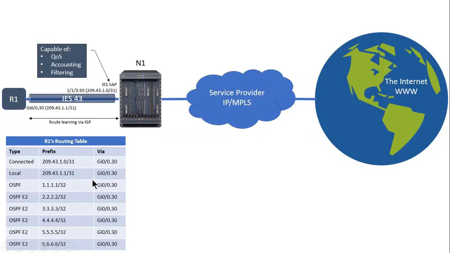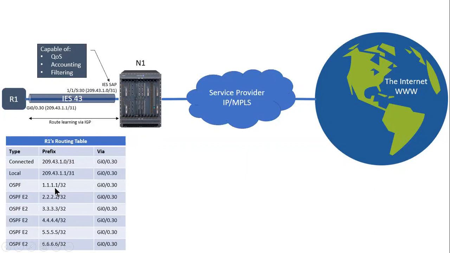So here's our local network, 209.43.1.0/31, with of course our CPE being address .1 and our service provider being address .0. Well, that IES service has an OSPF adjacency that's running within it. That's allowing the CPE or R1 to exchange routes with the PE or N1.